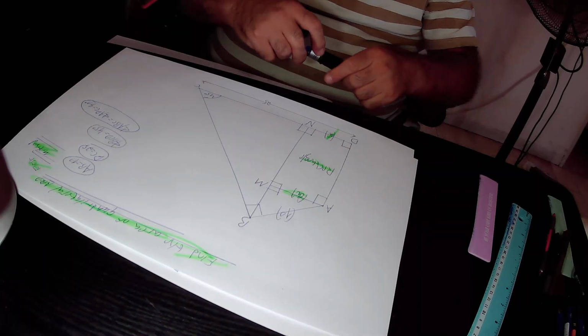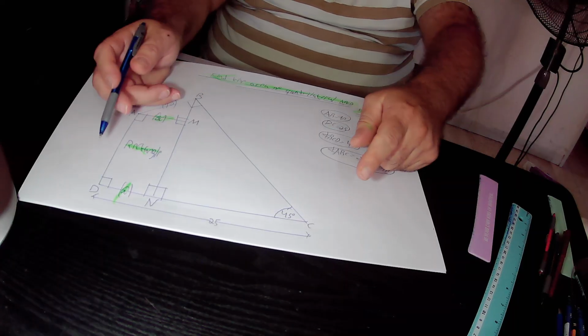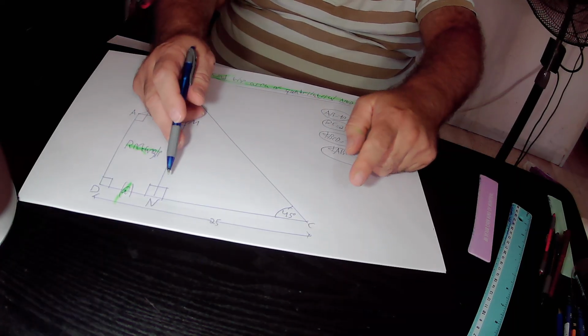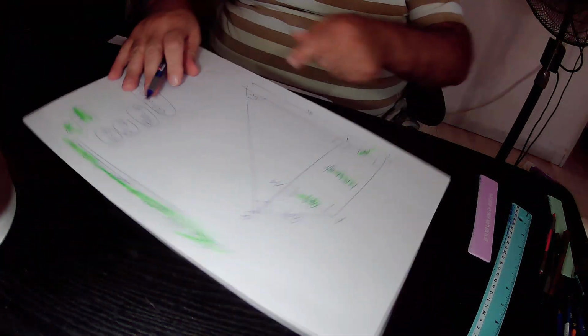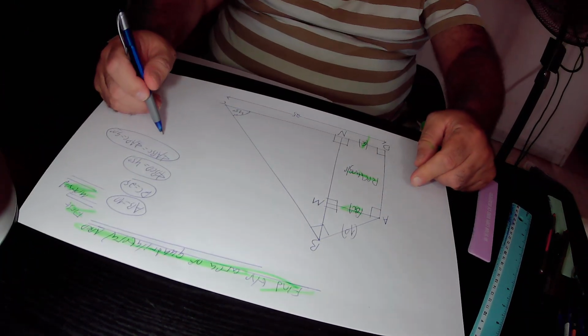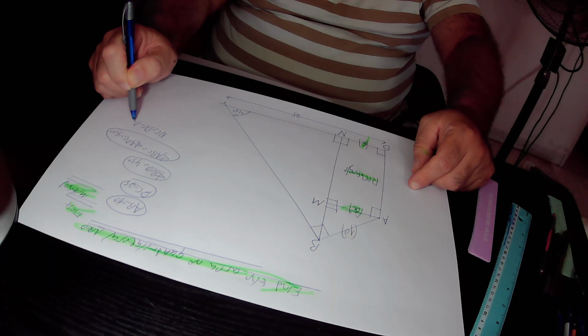What is the length of this line segment NC? NC equals DC minus DN. So write it down: NC equals DC minus DN.